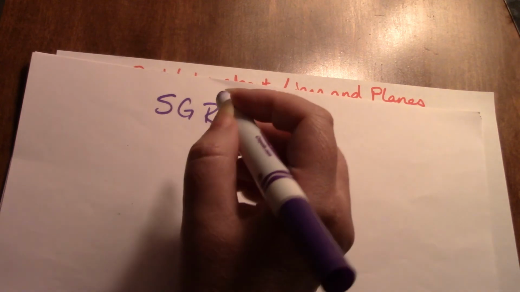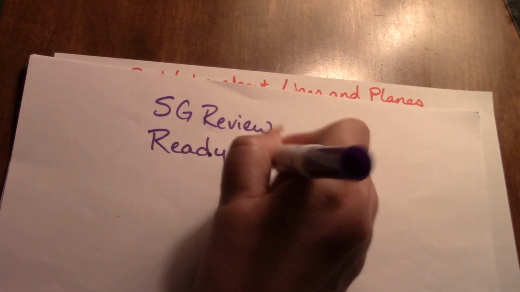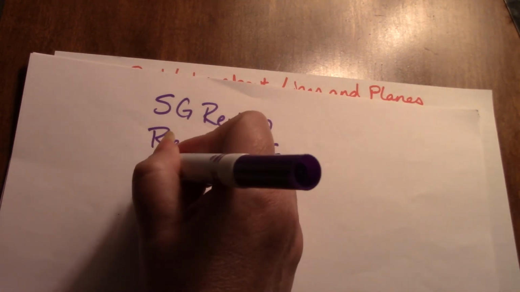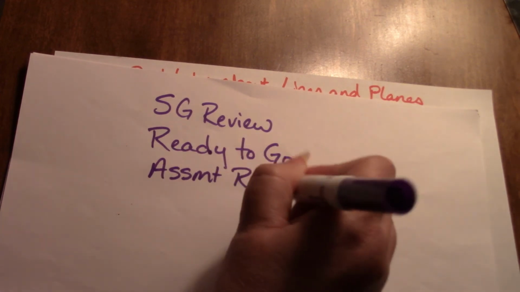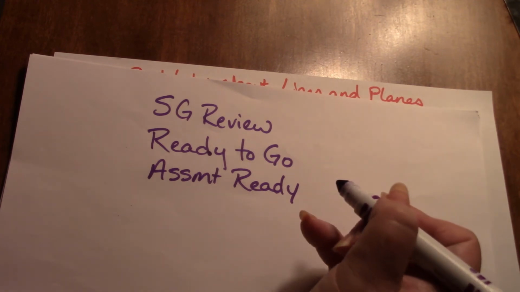And then you turn the page and you have ready to go on, and you have 5 questions there, and then you have assessment readiness, and you have 4 questions there.